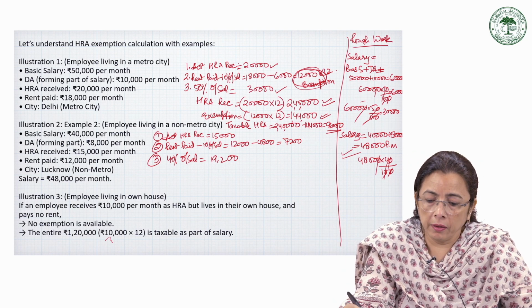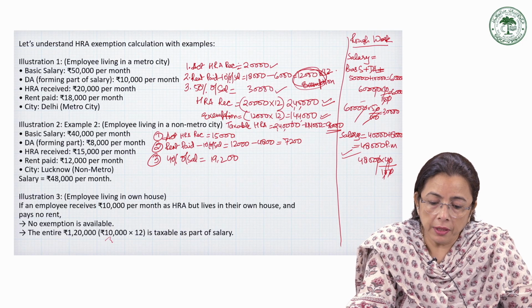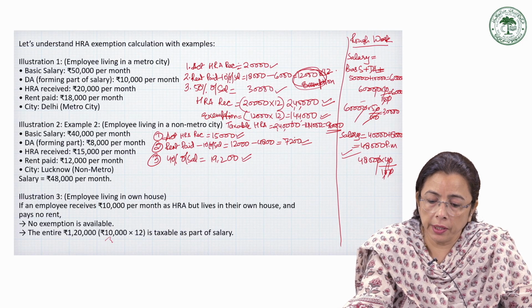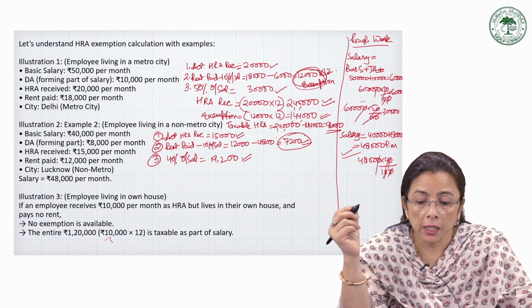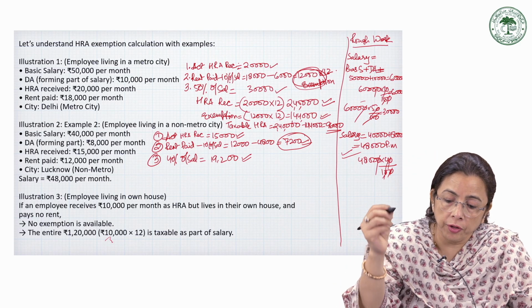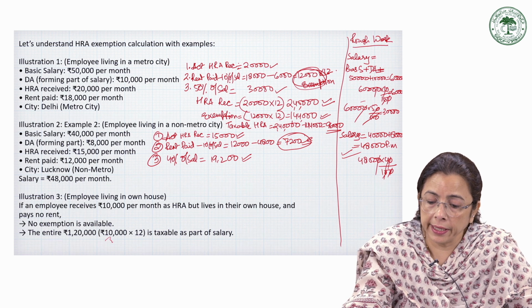Now we compare which is the least: 15,000 or 7,200 or 19,200. Again, 7,200 is the least. So this should be taken as the exempted amount.